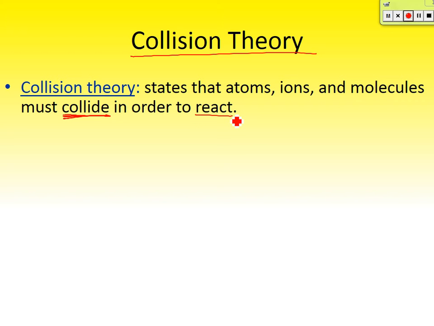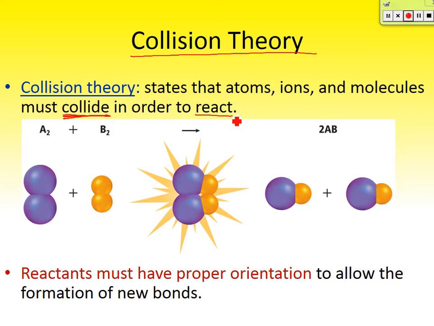So the molecules must collide. For example, if we had molecule A here, there's two atoms of A, and we had molecule B, and there's two atoms of B here. Well, in order for A and B, the two reactants here, they're on the left side of the arrow, so reactants are on the left side. In order for them to react, they must collide.